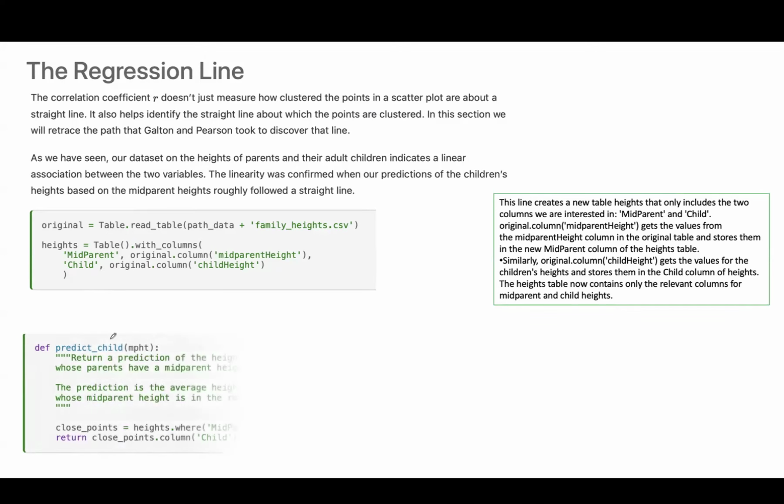And as you remember, we defined a function that returned a prediction of the height of the child. And remember, we defined close points. Those are the points where the mid-parent is in between the height minus 0.5 inches and the height plus 0.5 inches.